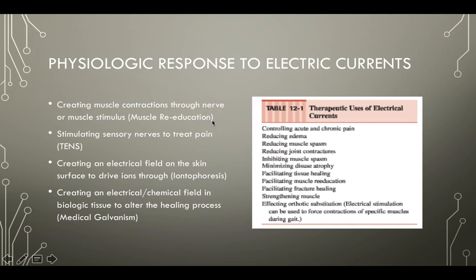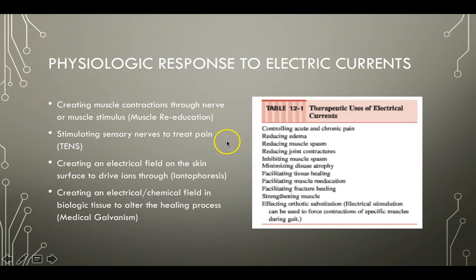If we can contract those muscles around it, even when the person can't actively do it, we can hopefully reduce some of those joint contractures. Minimize atrophy, same thing. If we can't use the tissue, we can potentially use electrical stim to target that. Facilitating tissue healing, some of the medical galvanism, as well as if we treat the pain, right, the body is more likely to not be in spasm, which can allow tissue healing to occur.